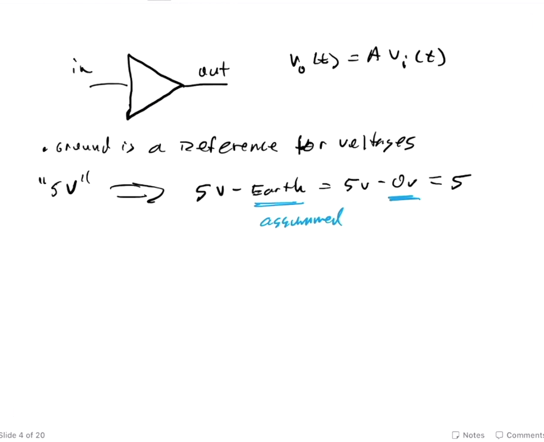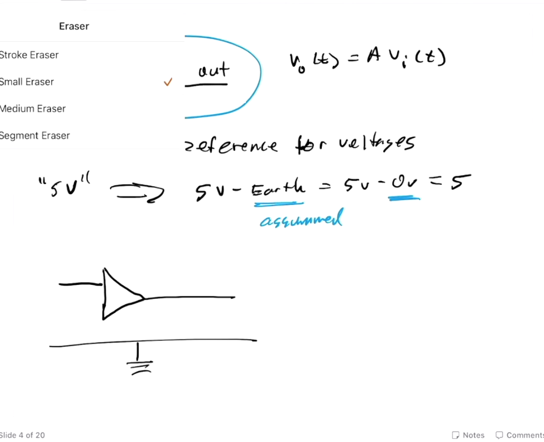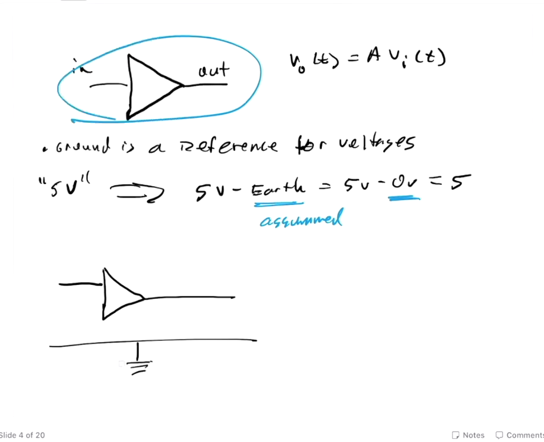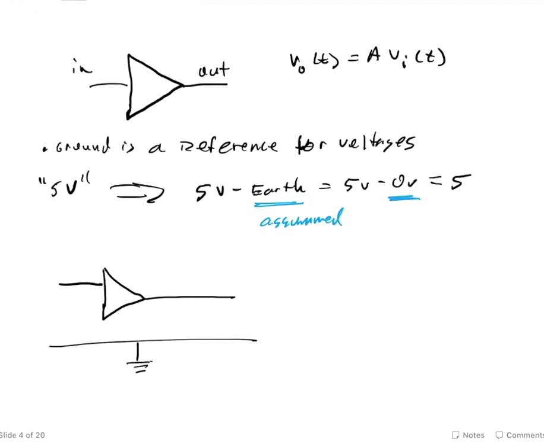So this amplifier up here, if it's a voltage amplifier, it's really a circuit that looks like this. We've got earth, and we have V in, plus minus, and we have V out, plus minus.